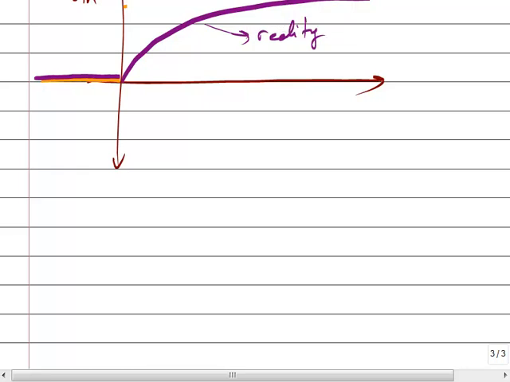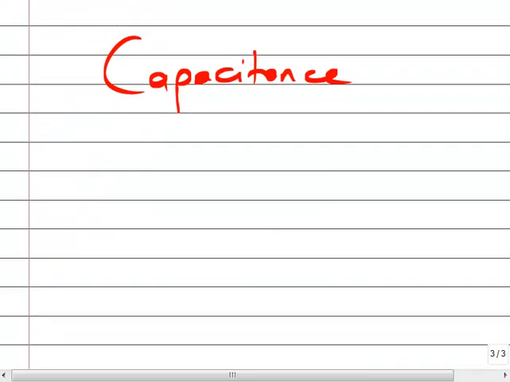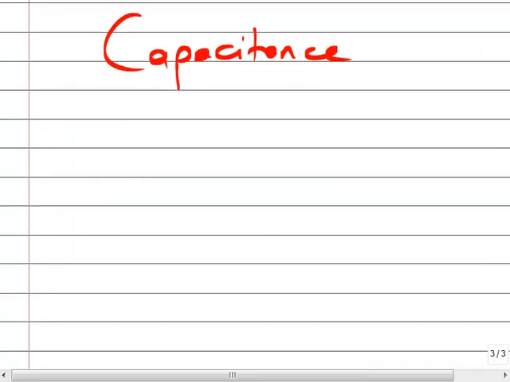What's the reason? The reason is the capacitance property of the cable. There is a property called capacitance.